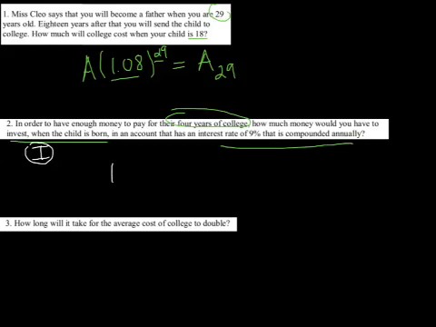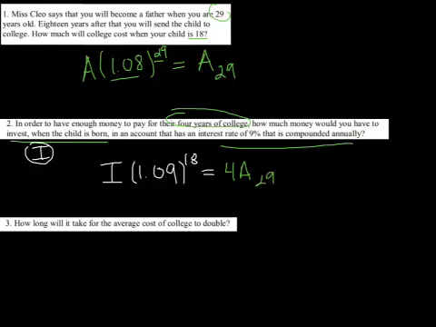So we know we're going to make this investment, and what's going to happen to this investment? Well, it's going to grow, and it's going to compound at an interest of 9% every year, and that's going to happen for 18 years. And at the end, what does it need to be worth? Well, it needs to be able to pay for 4 years of college. We know that this is 1 year of college when your child is going to college, so 4 years of college will be 4 times whatever that is.